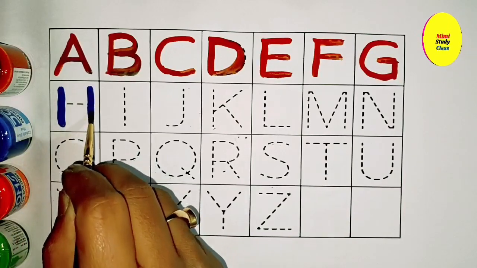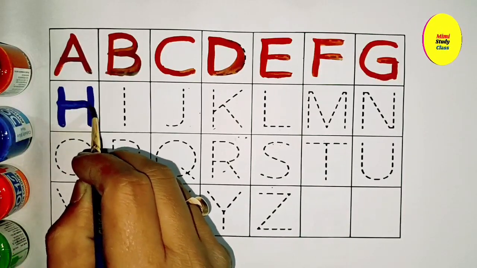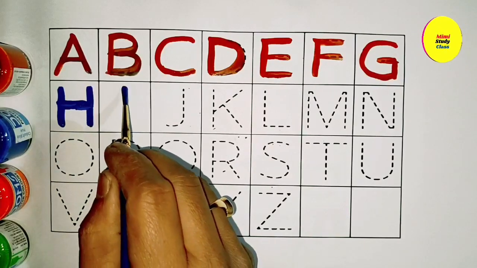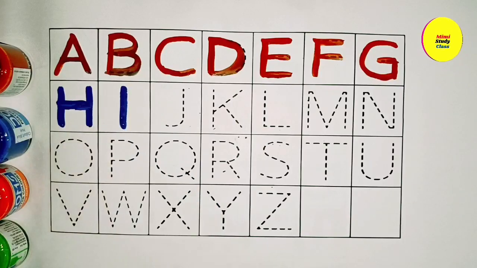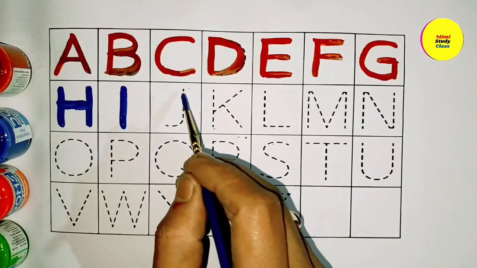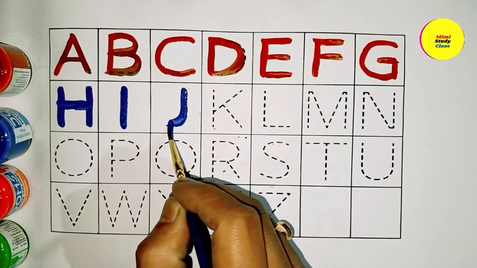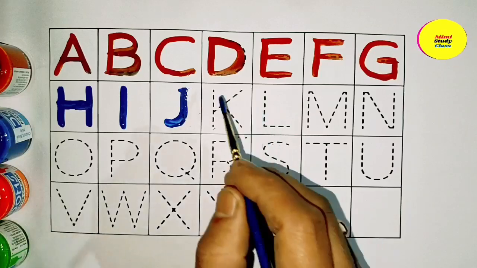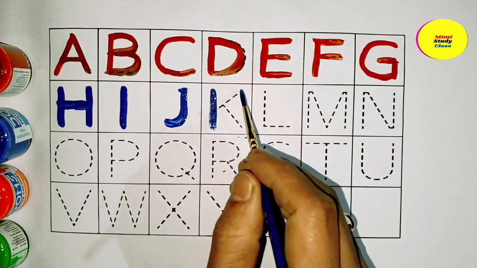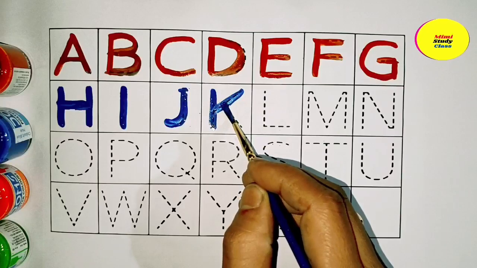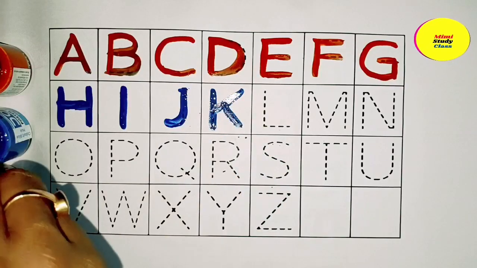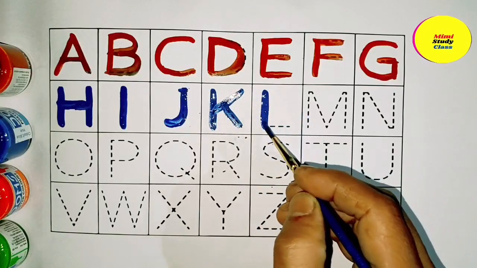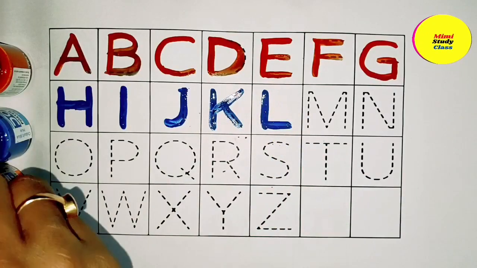Blue color. H for hen. I for ice cream. J for jug. K for king. L for lion.